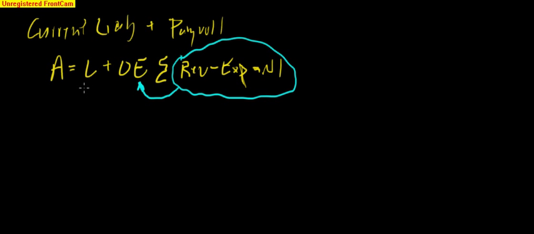Chapter 11 is looking at liabilities, specifically current liabilities and payroll. The reason payroll is lumped in with this chapter is because payroll is a current liability. So let's start by asking a question: what are liabilities?